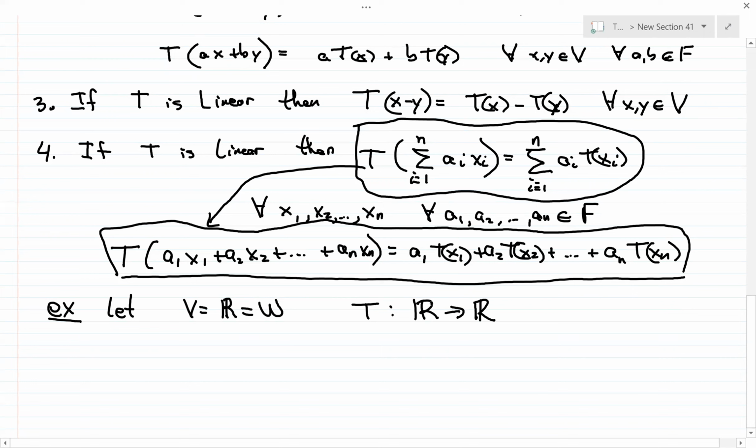Now, first of all, R is thought to be a vector space where the real numbers are just thought to be the vectors. And this R is a little confusing because the vectors look like scalars, right?